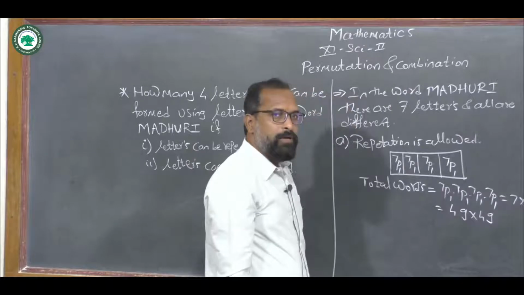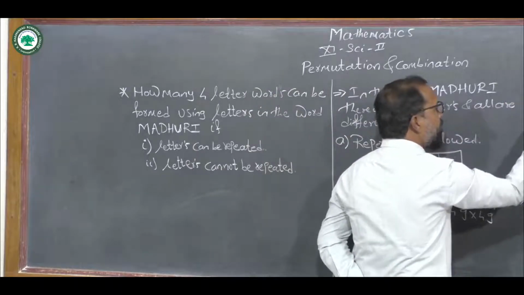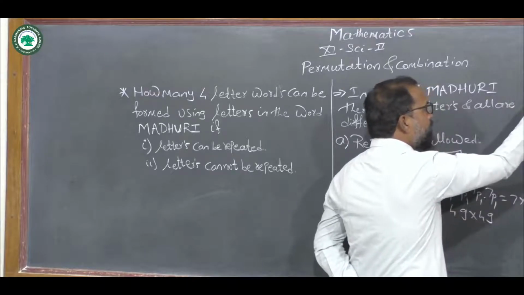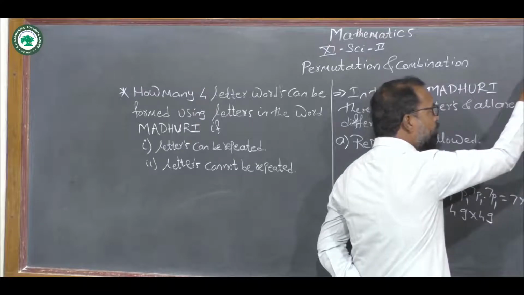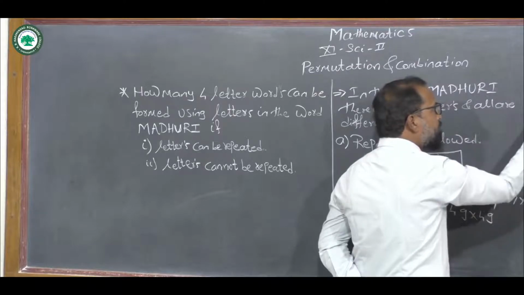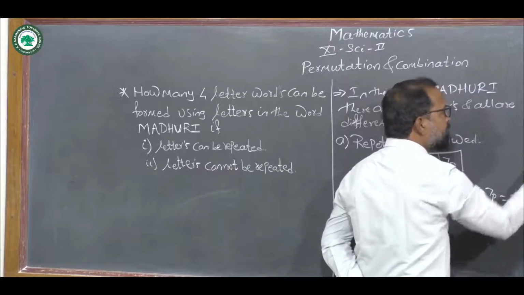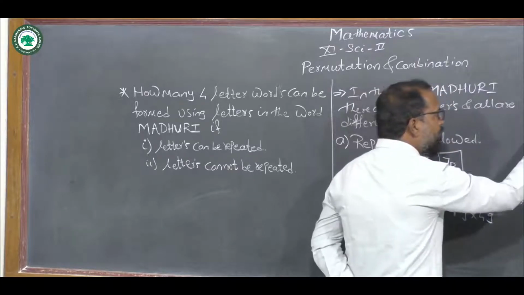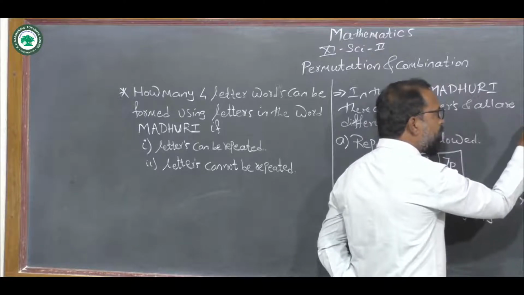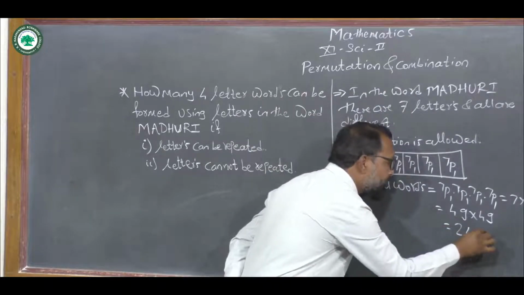Now if we take this multiplication, 49 into 49: 9 into 9, 81; 9 into 4, 36, plus 8 is 44; and so on, so this becomes 2401.